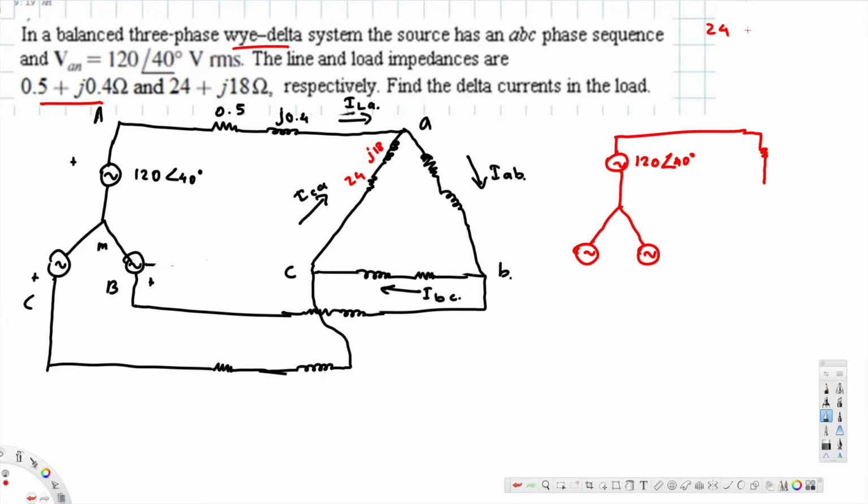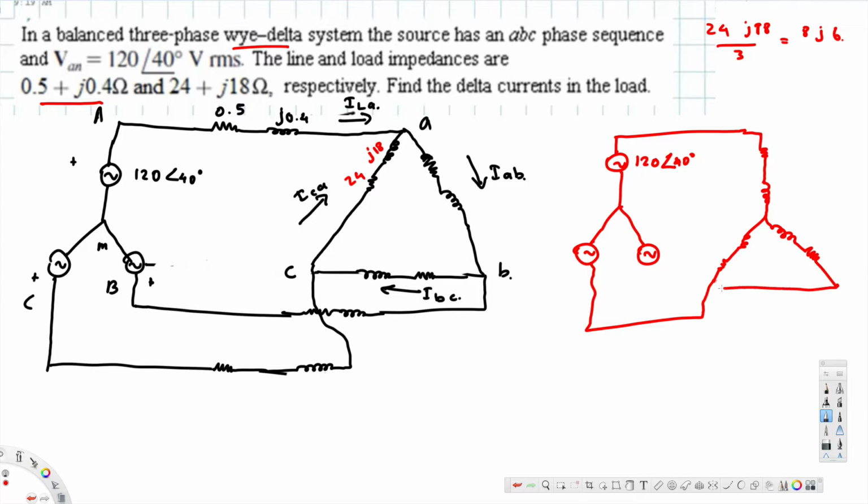Now if we divide 24 plus j18 by 3, that is 8 plus j6.